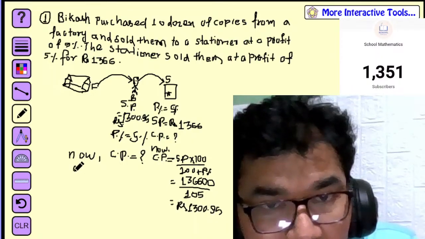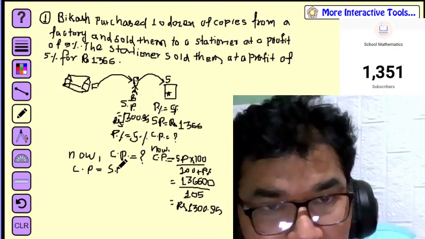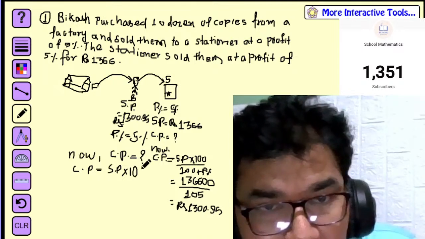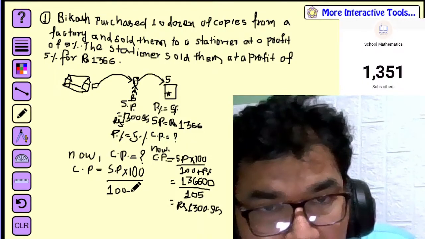CP equals SP into 100 by 100 plus profit percentage.